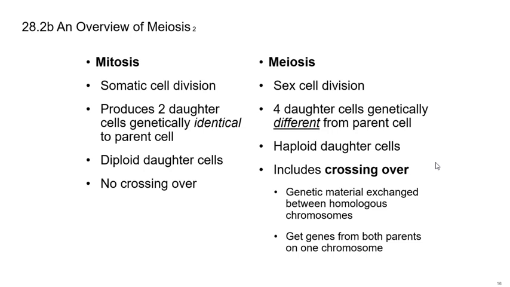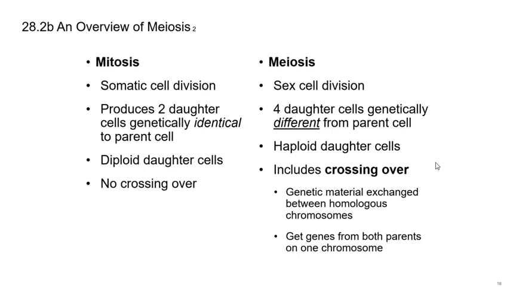Those four cells are genetically different from each other, and they are genetically different from the original parent cell from which they came. Right? They are all haploid, meaning they contain half of the genetic material. They have 23 chromosomes, whereas the two daughter cells produced in mitosis are diploid. And again, the reason they are genetically different is because you have this crossing over.